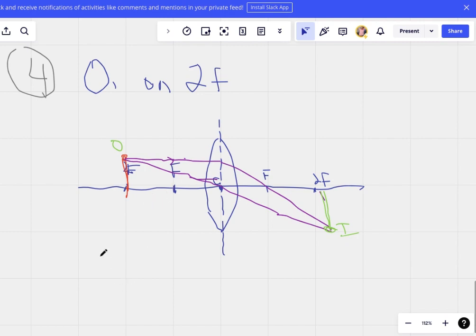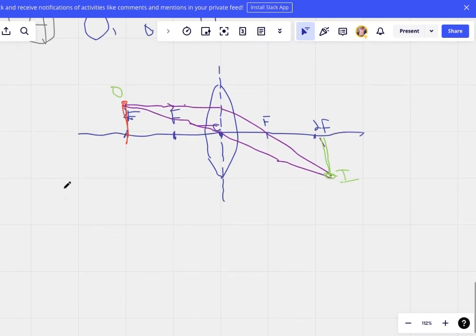So if you look at the properties or characteristics, number 1, opposite side.